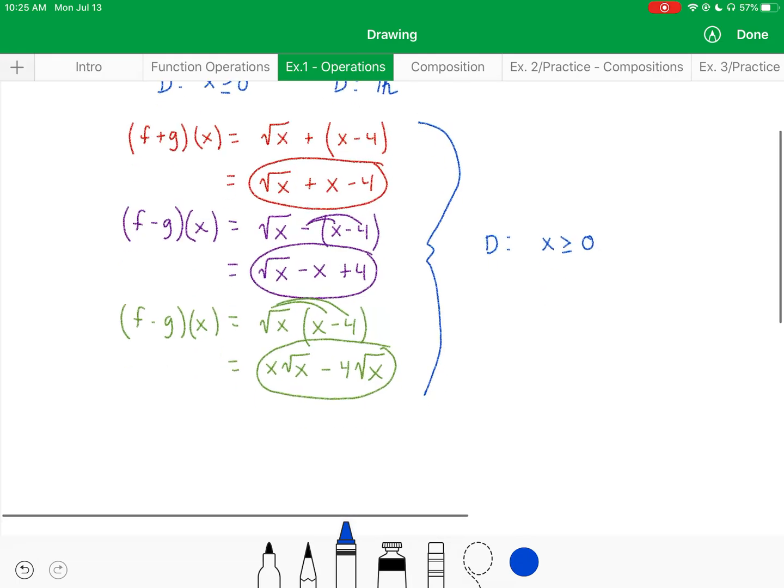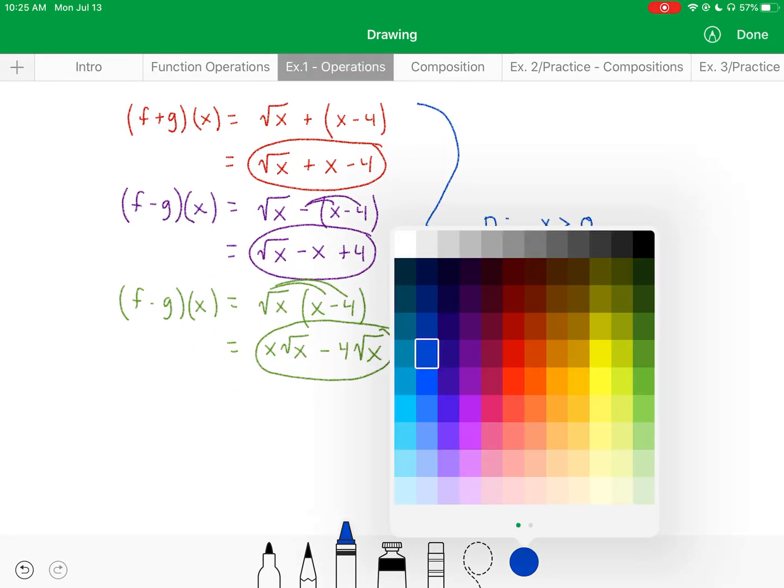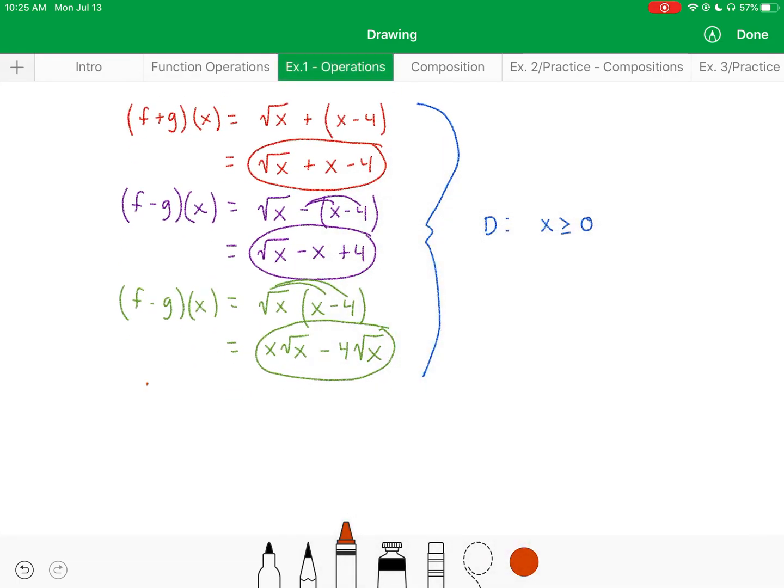All right, now what about the quotient? Okay. We'll write that like this, f over g of x. All right, and that's simply going to be equal to the square root of x over x minus 4. Okay.